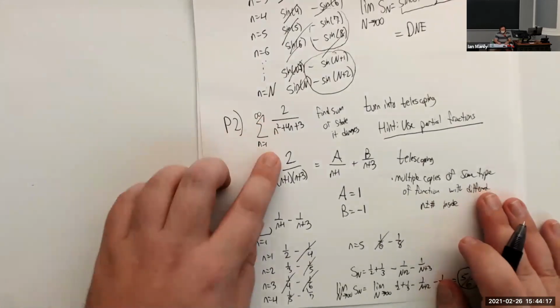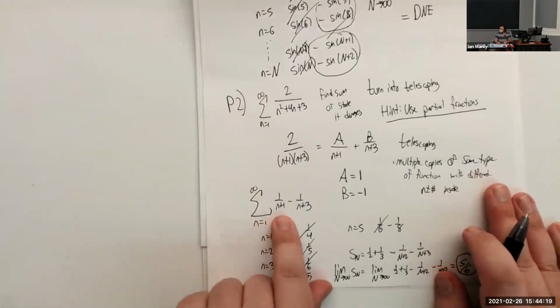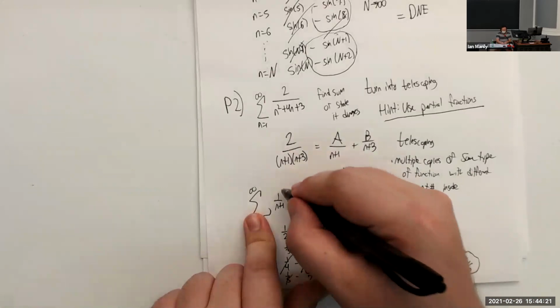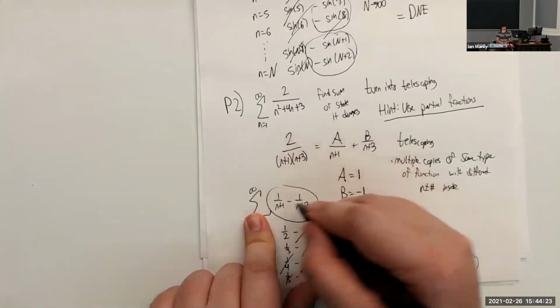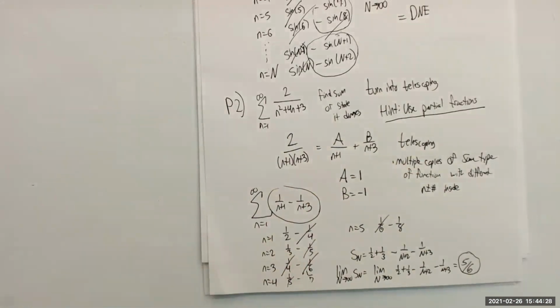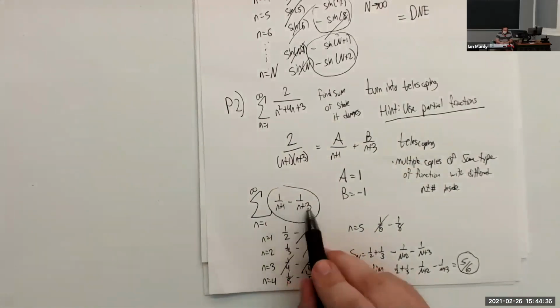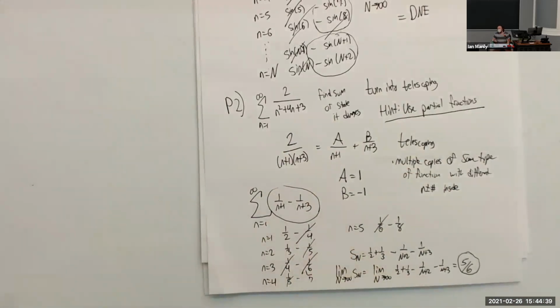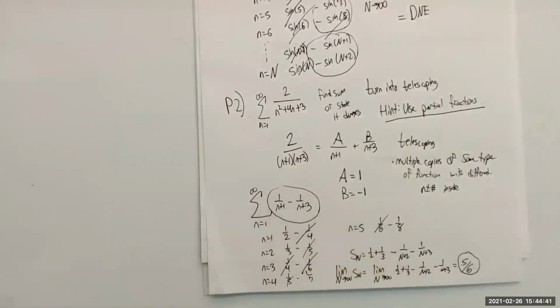Here, after we did partial fractions, we were able to get it to look like that. So if you ever get it to look like where you have two similar functions with slightly different inputs, that's probably going to be telescoping, because then eventually you'll see the repetition, and then you'll be able to come up with the partial sum. Whatever the gap between these inputs is, that's how many times you need to go before you'll see that. Okay. Thank you.